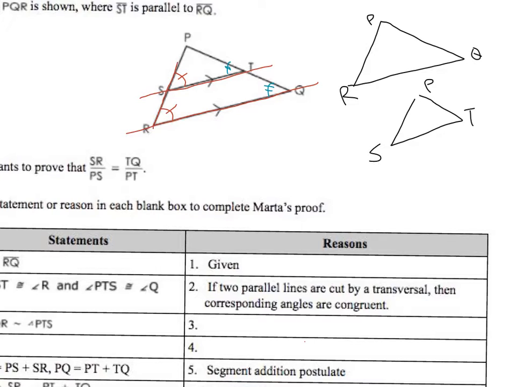What I know is this Q is the same as this one, and this S is the same as this one. Only one mark on those, because these are the same.